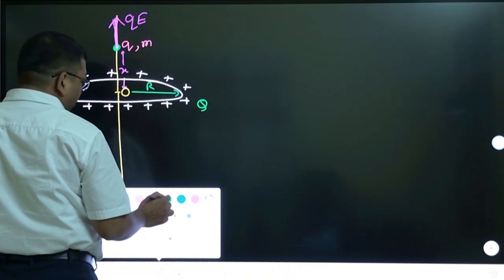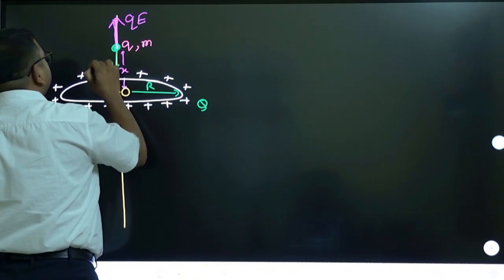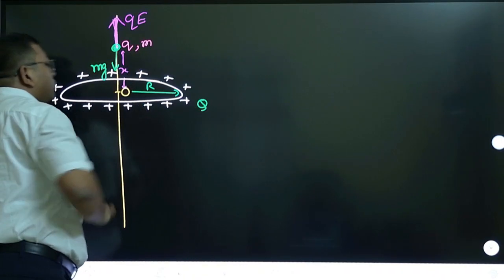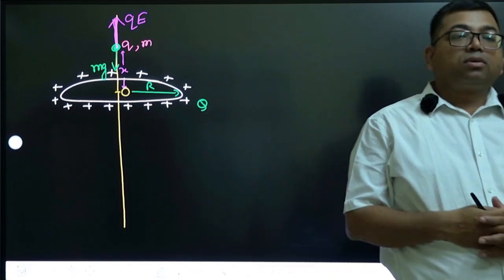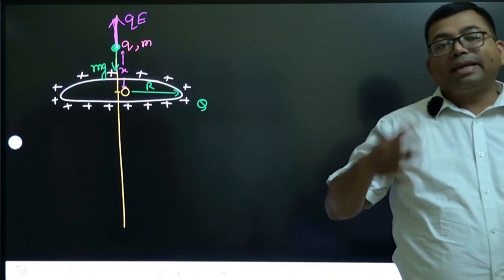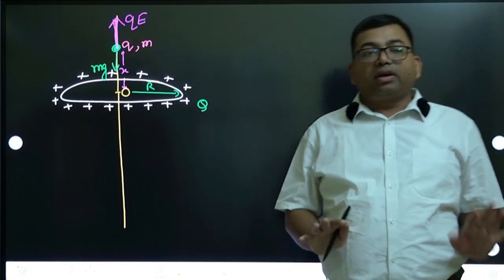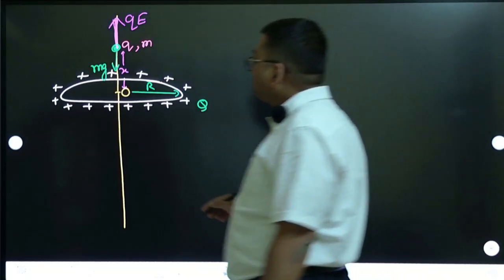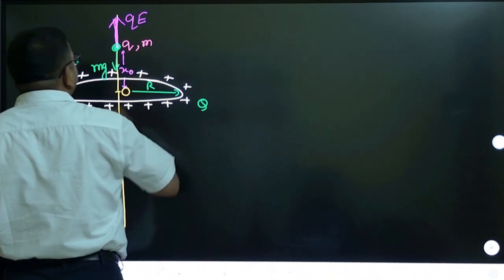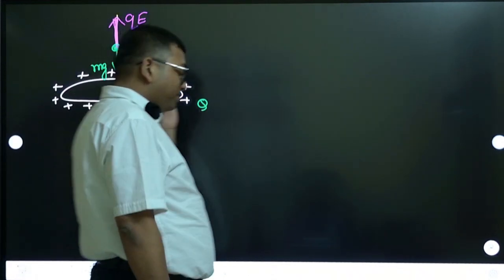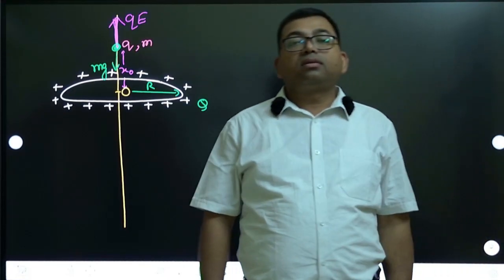And there will be another force, that will be mg. Both the forces must be balancing right now, correct? mg and qE balancing, there is an equilibrium position. So there is an equilibrium somewhere. We can find out that equilibrium. Let us say that this x is x naught. Where will be the equilibrium?